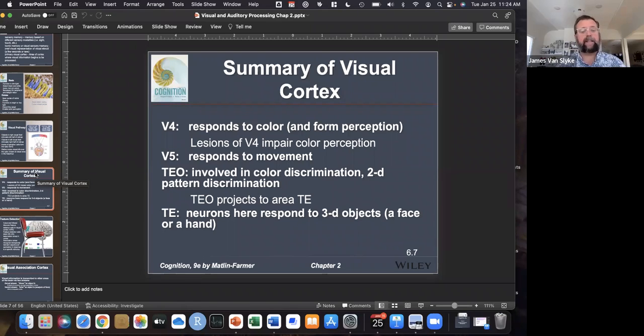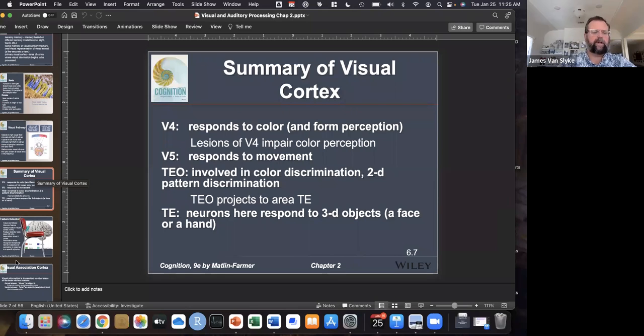And then TEO projects to area TE. In area TE, neurons respond to 3D objects, such as a face or a hand. So the occipital lobe has several different sub areas that process different kinds of visual information.